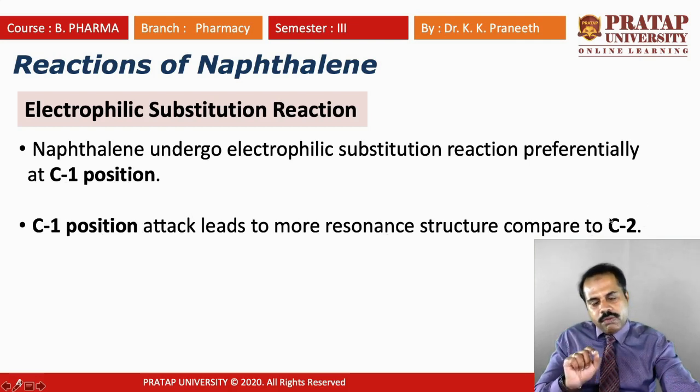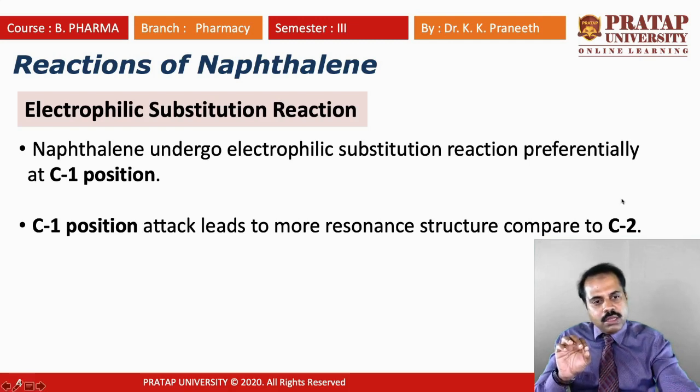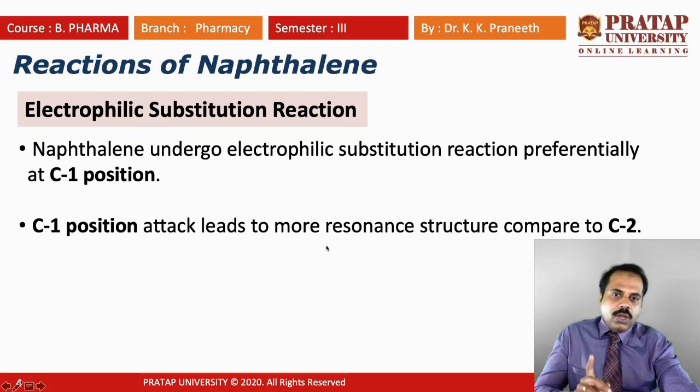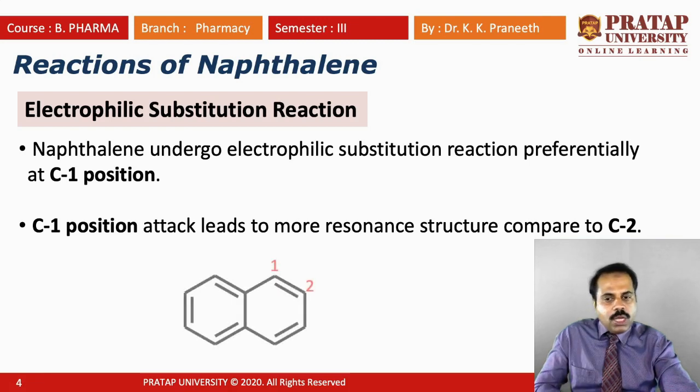Next I will show you the structures obtained when attacked at the C1 position by an electrophile, and the structure obtained when the electrophile reacts at the C2 position. Then we can know how many resonance structures are possible and why C1 is preferred. So now let's see.